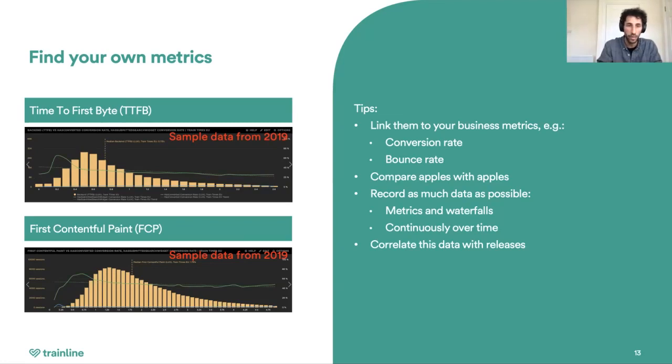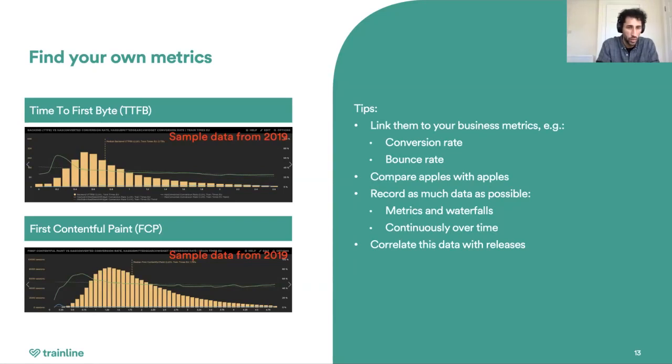You want that to be as fast as possible. And if you look at that curve, you can see that the sweet spot seems to be around 200 milliseconds. So if you look at the histogram, you want to shift that curve to that sweet spot of 200 milliseconds here.